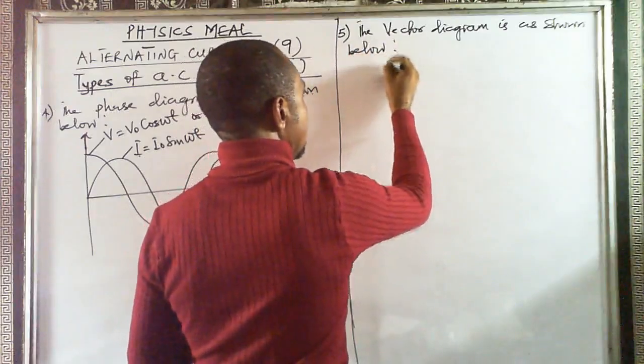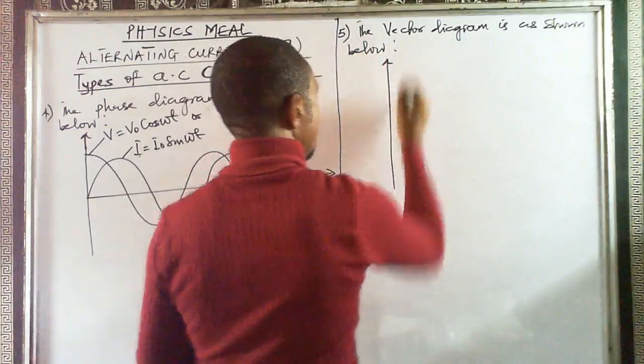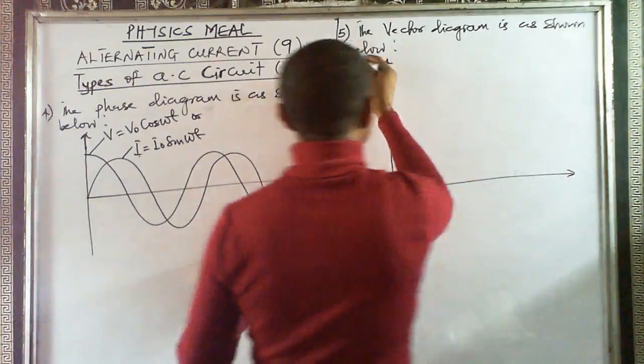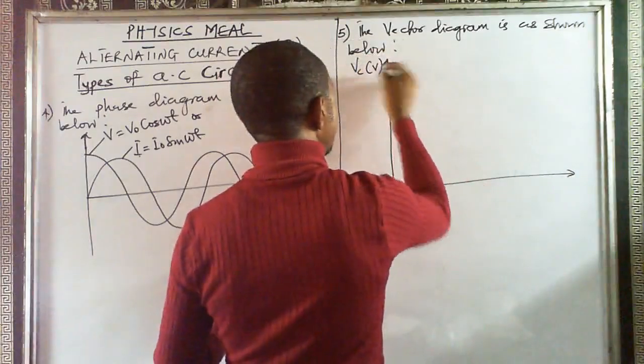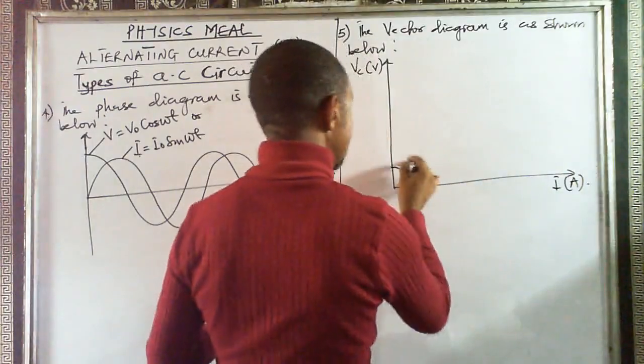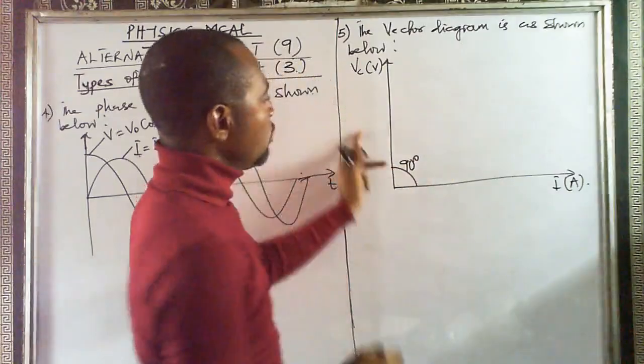So the vector diagram is like this. We have our VC in volts and our current in ampere. So this is 90 degrees. The voltage is now leading.